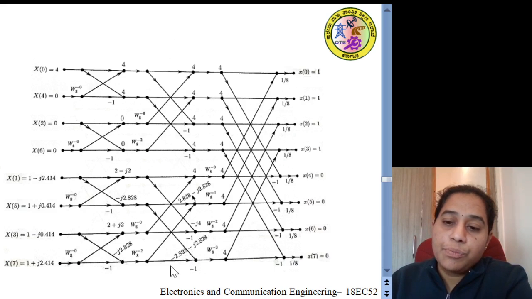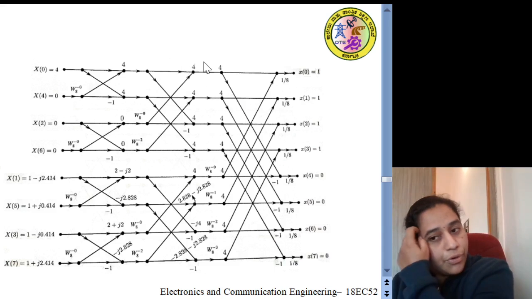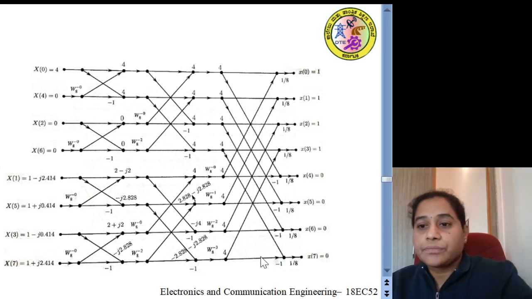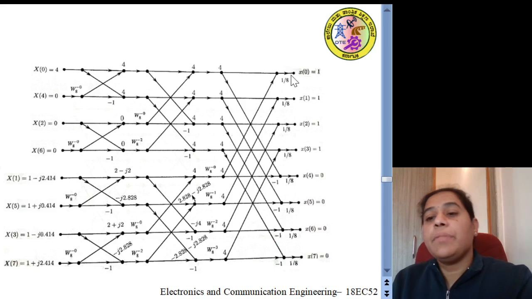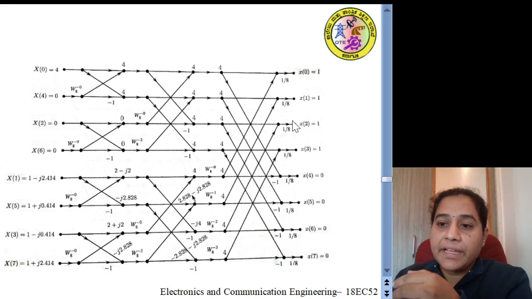So the outputs from the second stage, now we will be considering as input to the last stage. So the output of the third stage now will be multiplied with the factor 1 by N, that is 1 by 8.